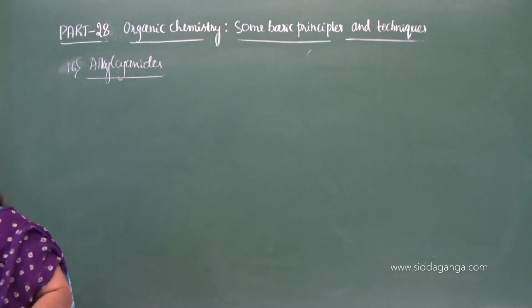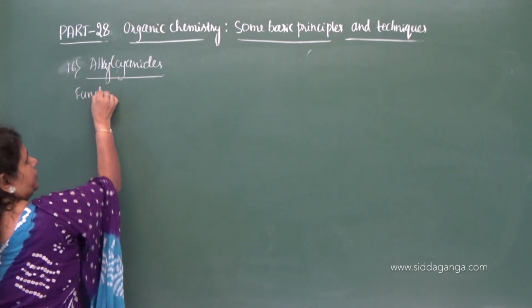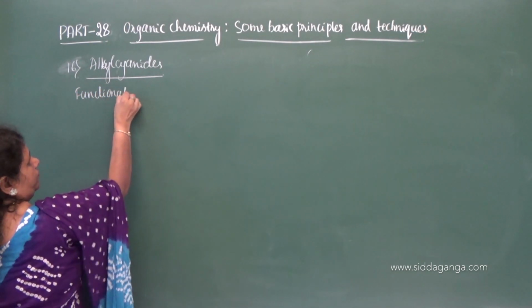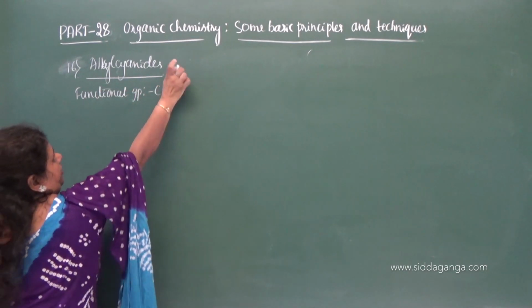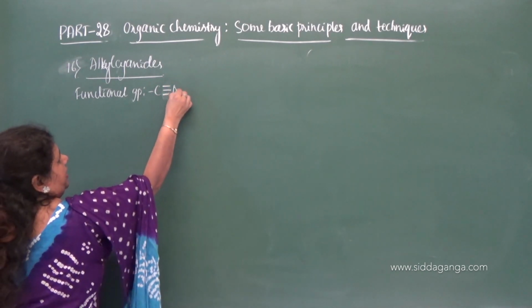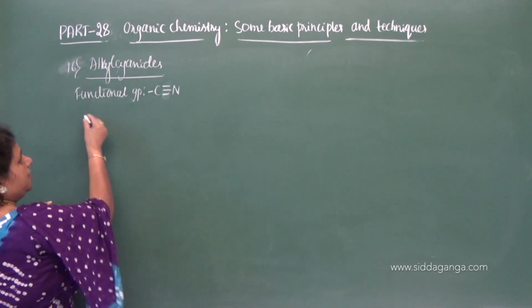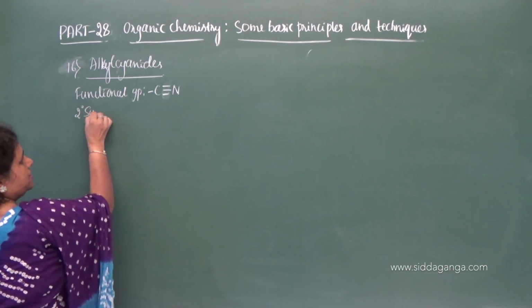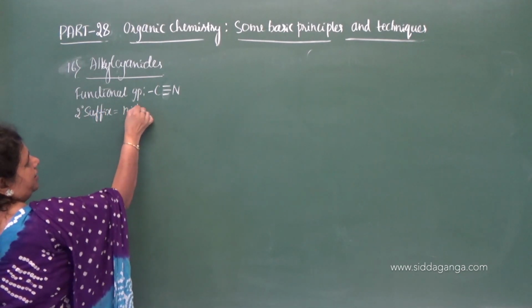So, let me write the cyanide functional group, here is CN, and write the complete structure, this is cyanide, correct, C triple bond N. Now, what is the secondary suffix for this? Secondary suffix is nitrile.